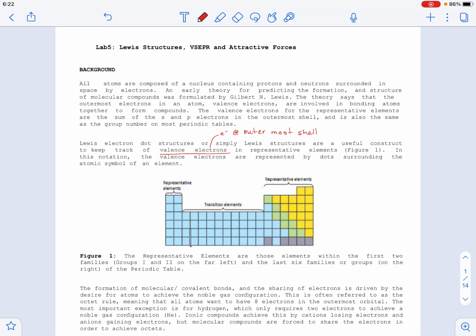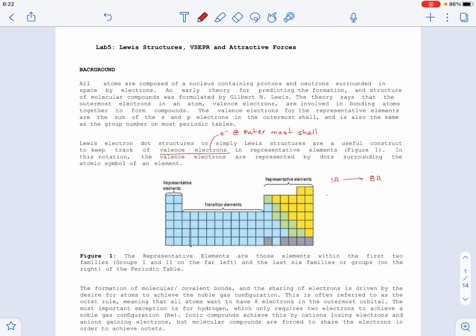Now, in this course, we are going to be focusing on representative elements. And when it comes to representative elements, those are elements in groups 1A through 8A.